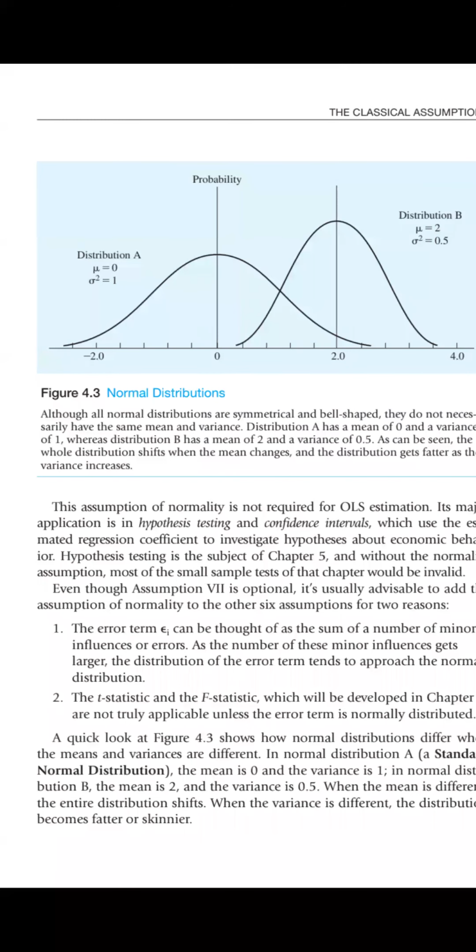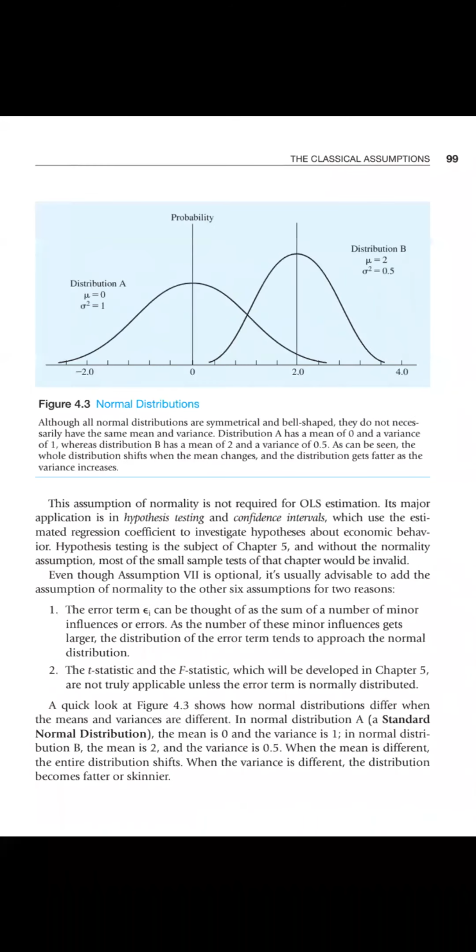All right. So the assumption of normality is not required for OLS estimation. Its major application is in hypothesis testing and confidence intervals, which we are going to be doing in the next session. Without the normality assumption, most of the small sample tests of that chapter are going to be invalid.